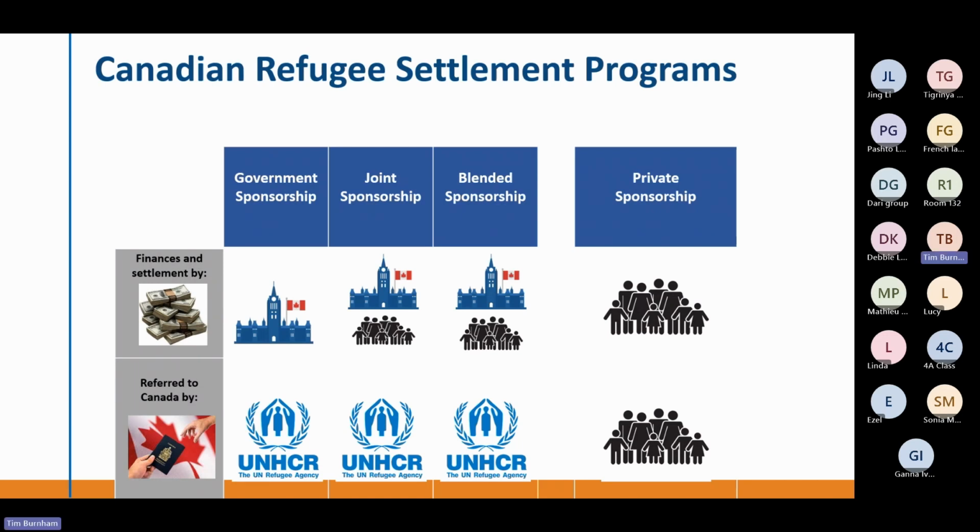And in these three ways, the finances, the money for the sponsorship, comes either from the government or from a combination of the government and Canadian citizens. And at the bottom, you'll see that in the first three ways, the refugees are referred to Canada by the United Nations.